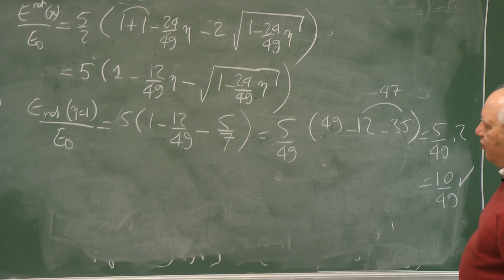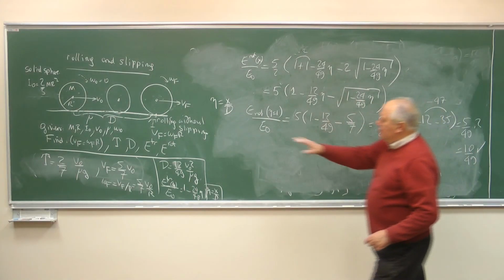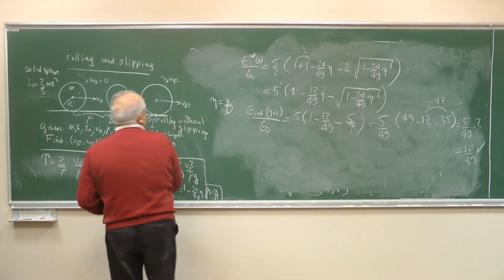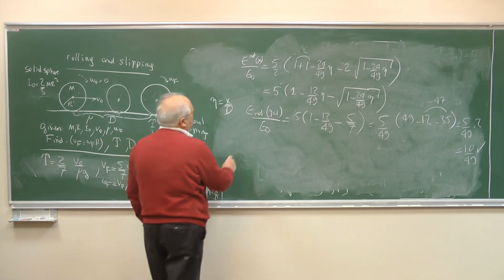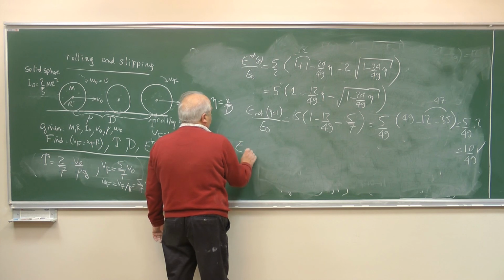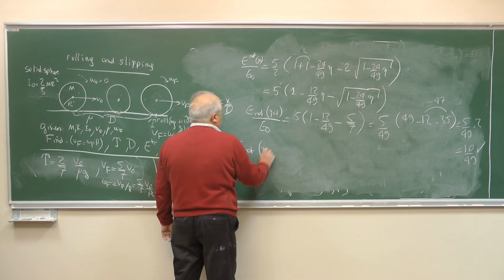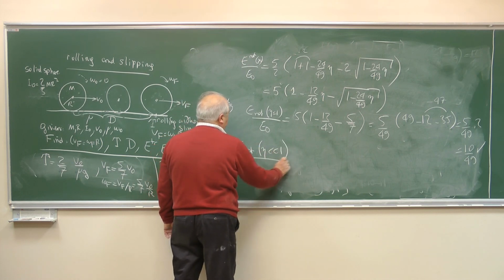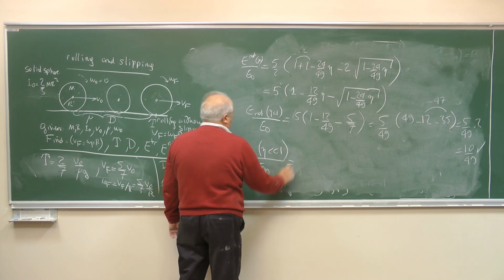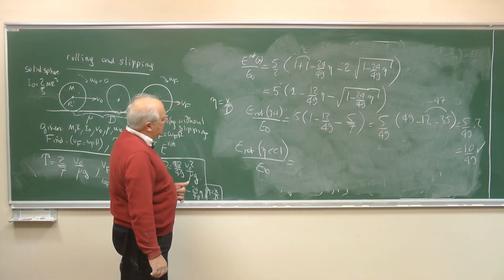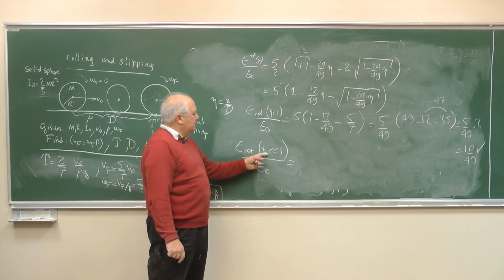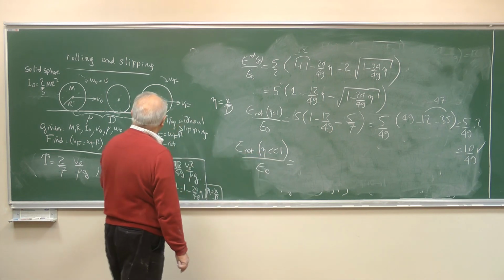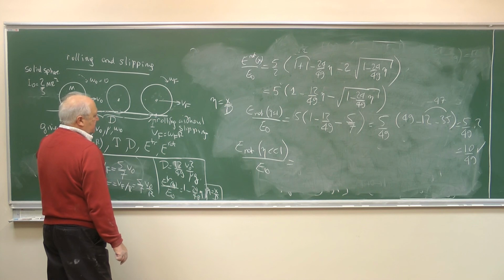We knew from before that at this point it is 20% of the initial energy. So let's check, for example, E rotational for eta very much smaller than 1, over E0. You see, the scaling helps in this way. When eta is smaller than 1, x is very much smaller than d, when you are just at the beginning.